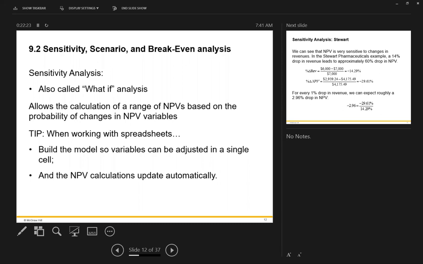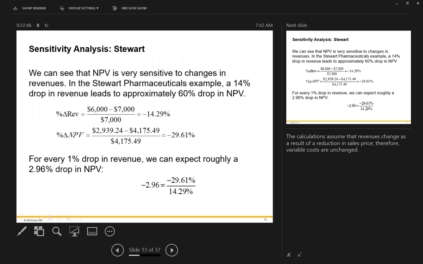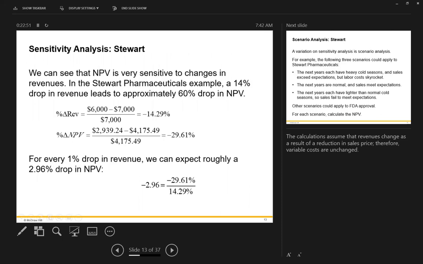And when you use a spreadsheet and you change one variable, it updates your NPVs automatically. Let's take a look at this.